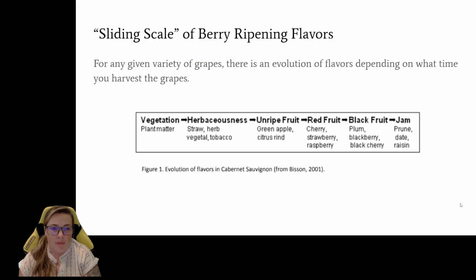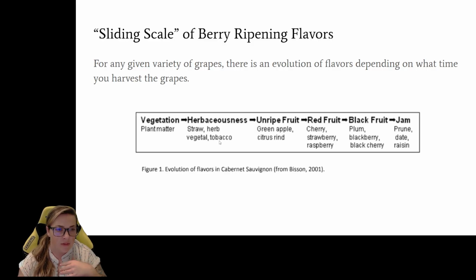So here's an example for Cab Sauv specifically, right? And it generally works its way towards vegetation, which tastes like plant matter, to herbaceousness, unripe fruit, red fruit, black fruit, and then jam.